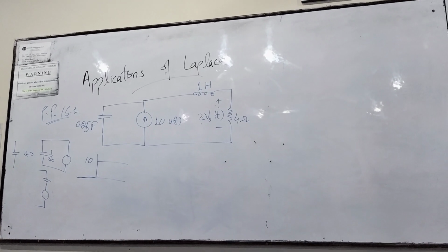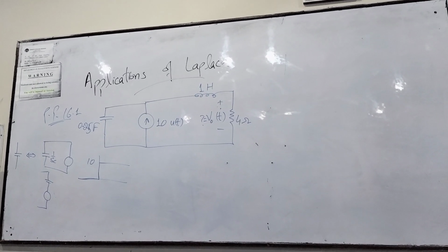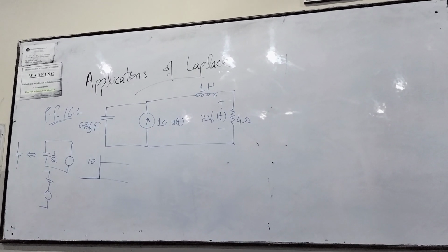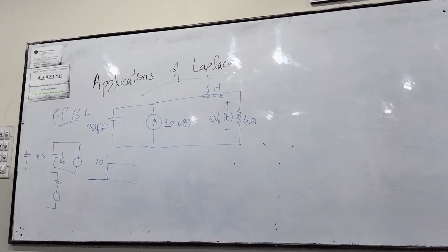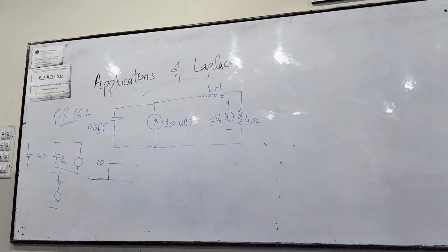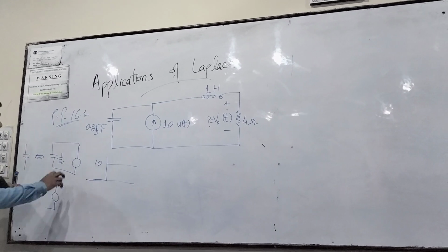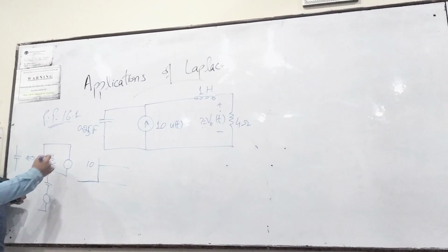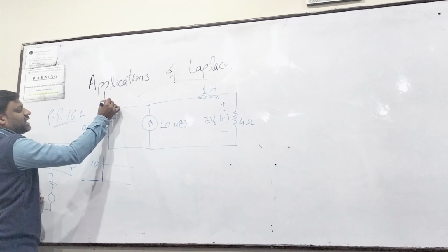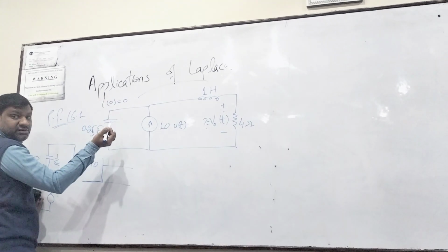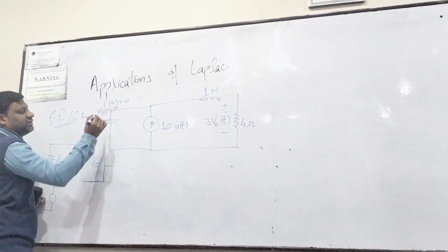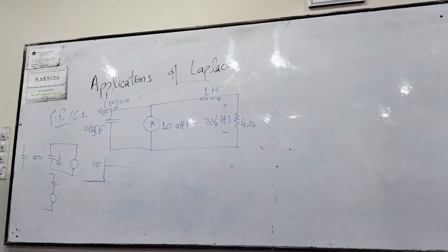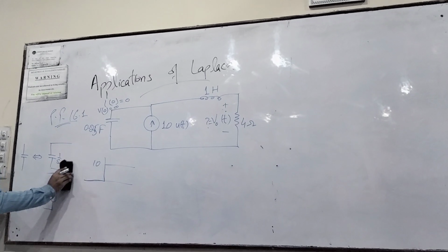Blessing in disguise, he said to assume zero initial conditions. Zero initial conditions means the value of current at time t equal to 0 is 0, and the value of voltage at time t equal to 0 is 0. We implement it here.